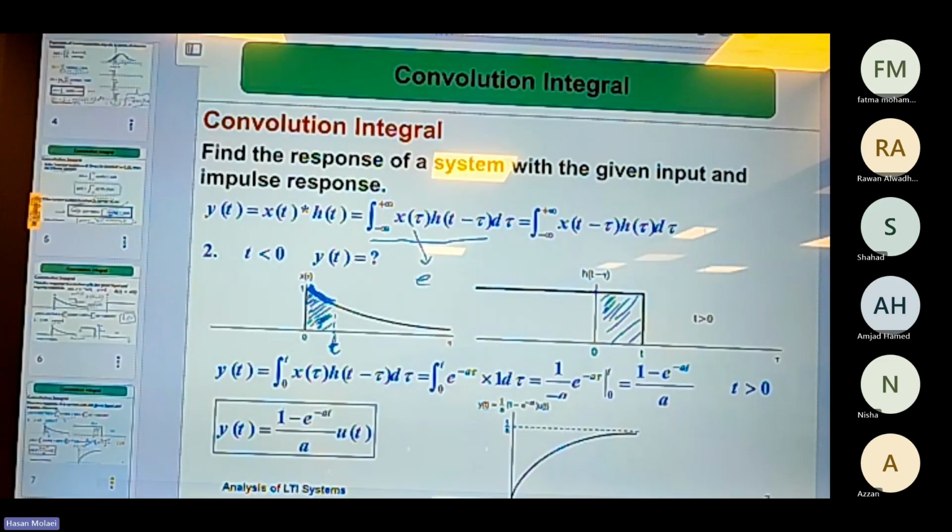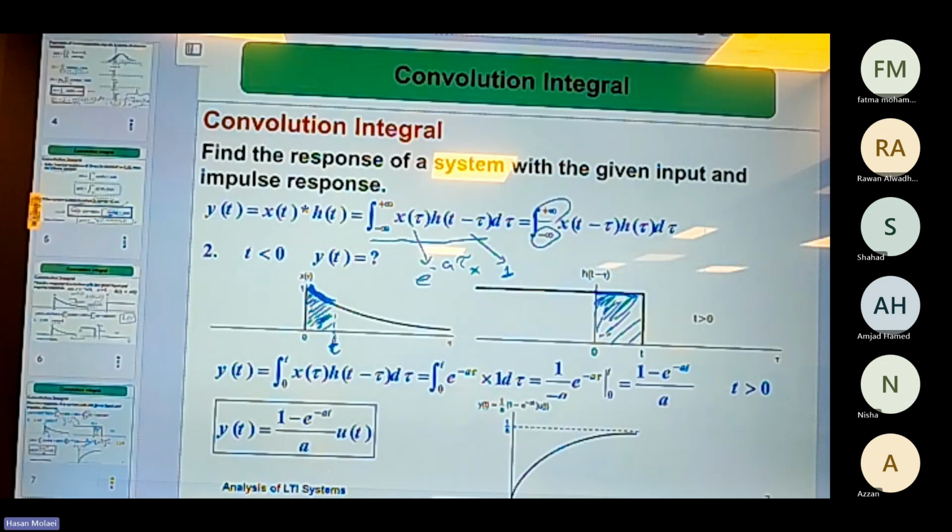Exponential in power of minus alpha. Here, what is the expression of h of t minus tau? It's one. It's a constant value. So multiply by 1.